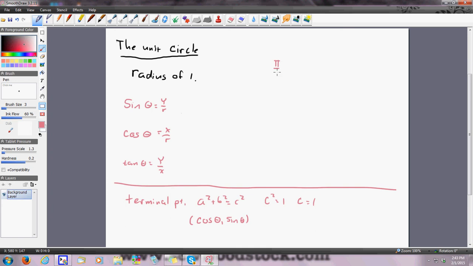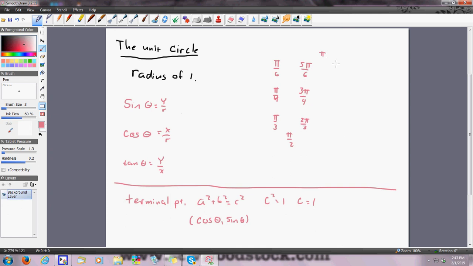Pi over 6 is 30, pi over 4 is 45, and pi over 3 is 60. Pi over 2 is 90. This is going to be 5 pi over 6, this will be 3 pi over 4, this will be 2 pi over 3. This is pi.